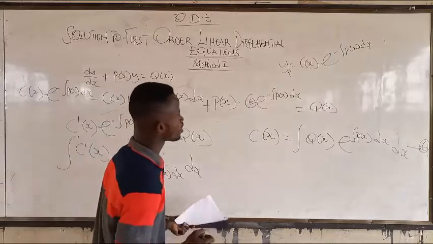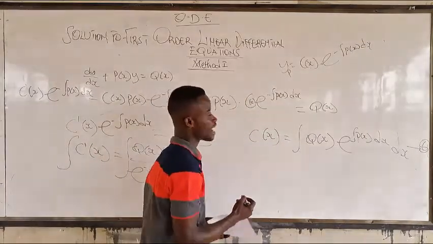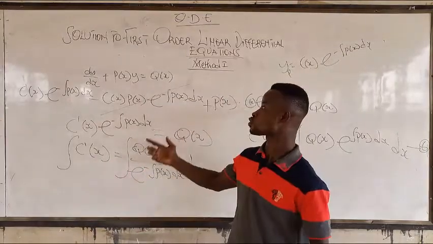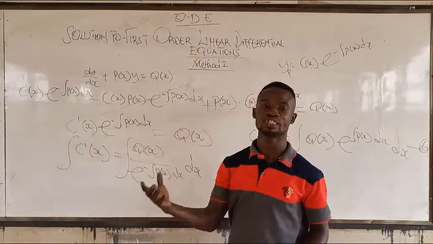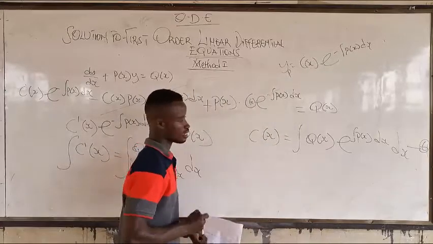Therefore, since we have the C of S that we are looking for, that means taking the derivative of the whole of this and doing the substitution. So we are now bringing it back.